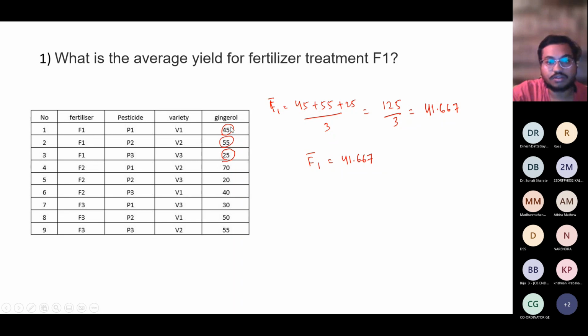We'll take all the values for those 3 rows, add them, and divide by 3. That's how we get the average yield. The answer here comes out to be 41.667. Is that clear for everyone?